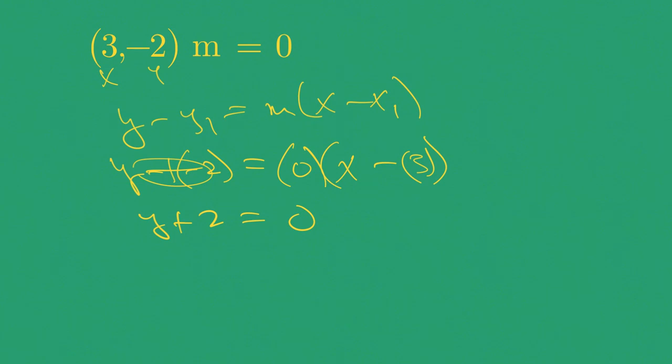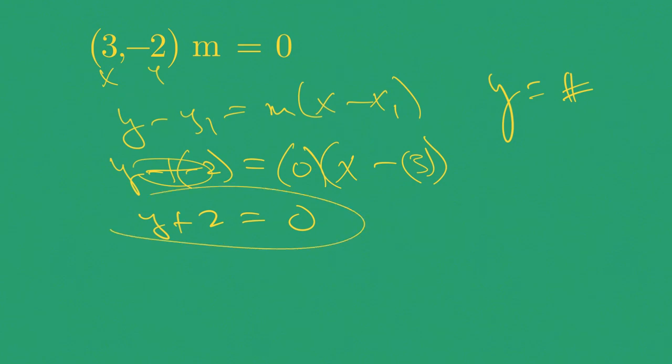Now, we said this was a horizontal line, right? And it was on the warm-up today, but the last lesson that we did, I know it was over a week ago, was on the horizontal and vertical lines. Do you remember what a horizontal line equation looked like? It was y equals a number. Okay, so take a look.